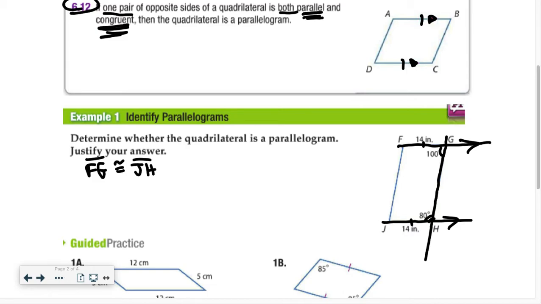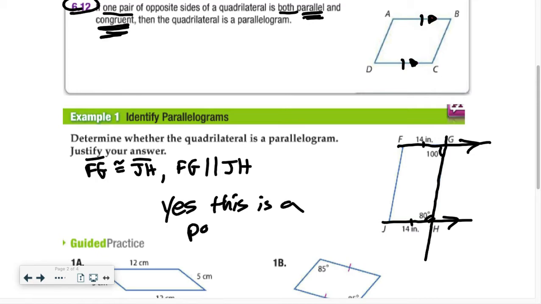So, FG is parallel to JH. Okay, that's by consecutive interior angles being supplementary. And so, yes, this is a parallelogram.